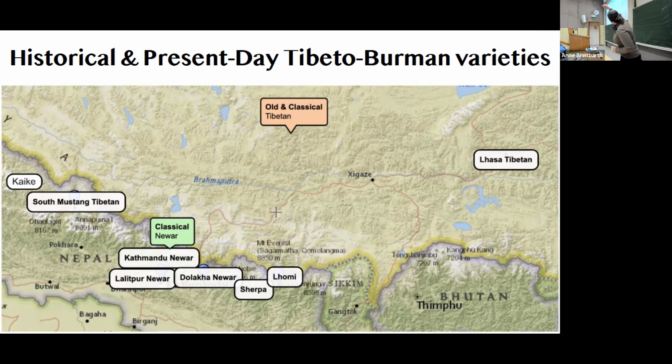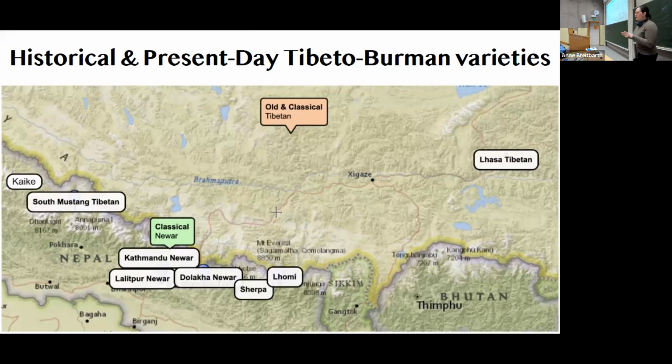And then on the other side in the west, we have South Mustang Tibetan, or Dzardzongke, which is the language that I documented this summer. And actually today the website for that came up, but we haven't really deposited the data yet. So you have to bear with me for a moment. And then Kaike, which I documented in 2018, which is also in a very remote valley.